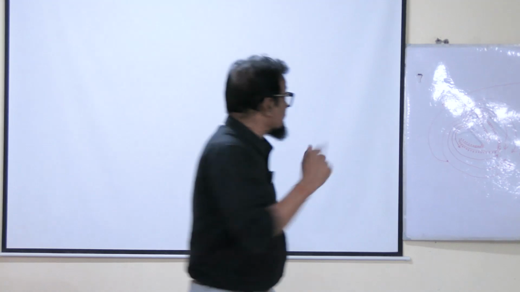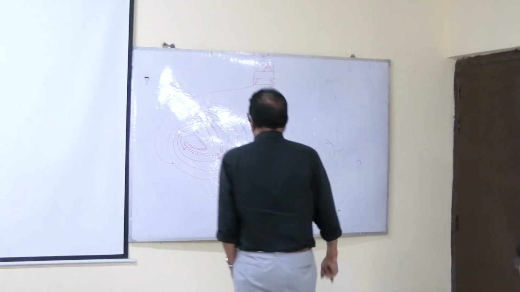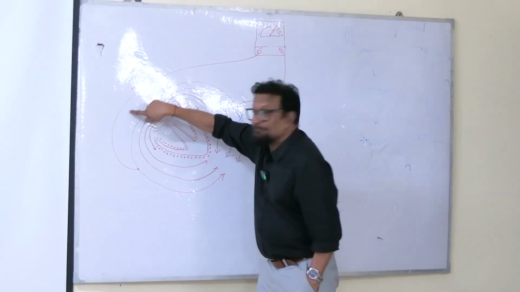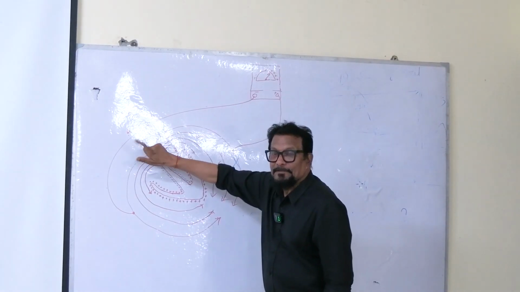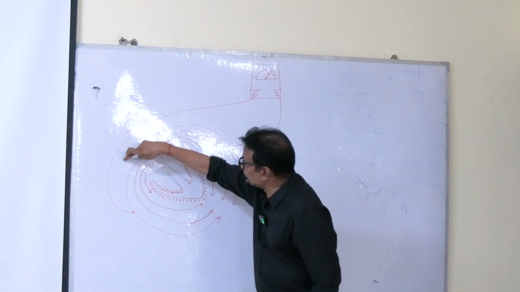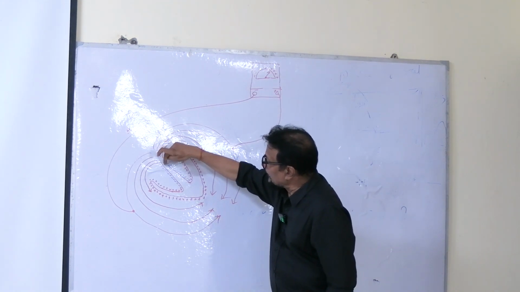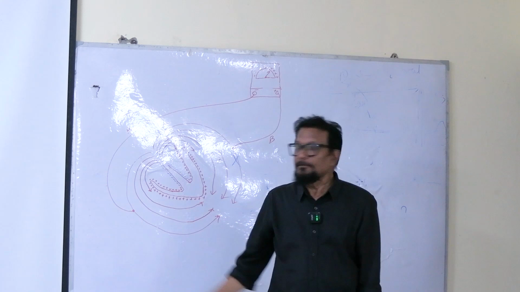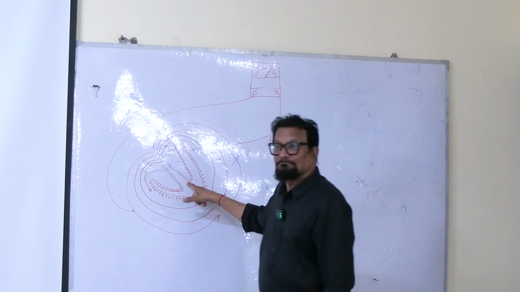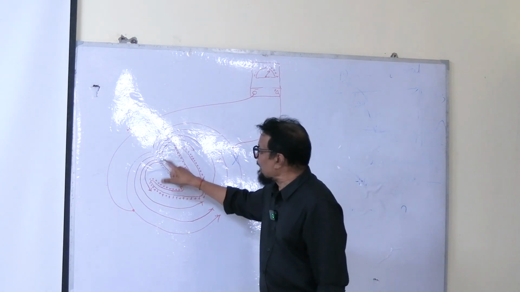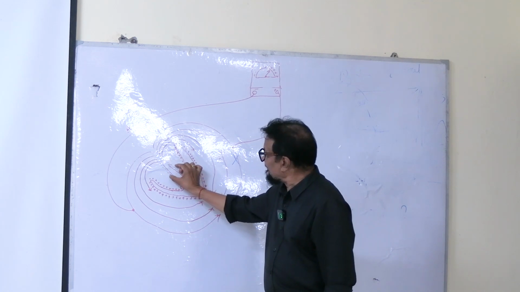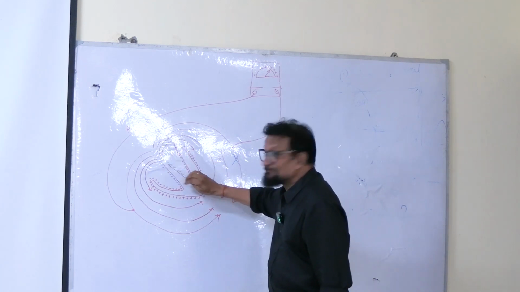Now, we are coming to this. From the SA node, the impulse has come to the septum. Now the septum is depolarized gradually, and it is proceeding.